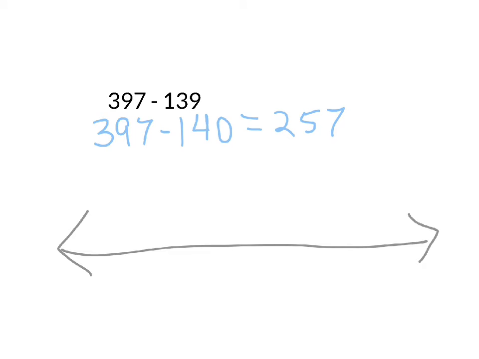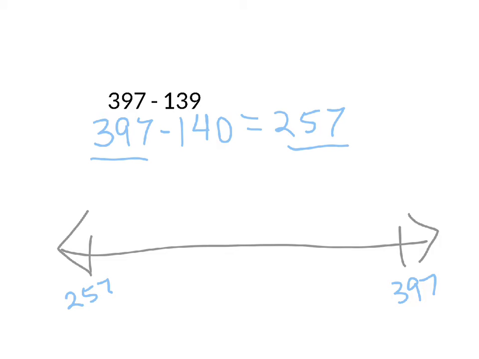So here's my number line, and I am going to make my two marks on here. My first one is going to be all the way up here, and this is going to be 397. Where did I get that number? Right here from the problem. Now, my answer was 257, so I'm going to put that down here.